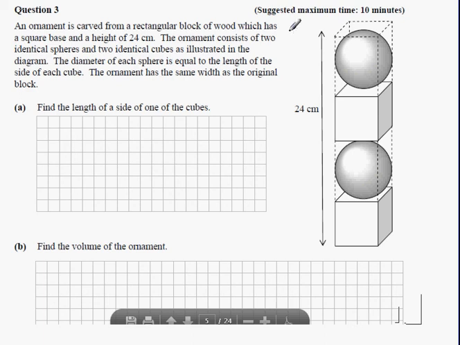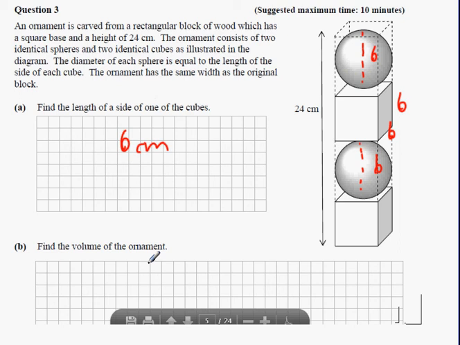That equals that equals that equals that. There's 4 of them. Divide 24 by 4 and what do we get? 6. Each one is worth 6. 6 up, 6 below, and a diameter of 6. Find the length of one of the sides of the cube. 6 centimetres.